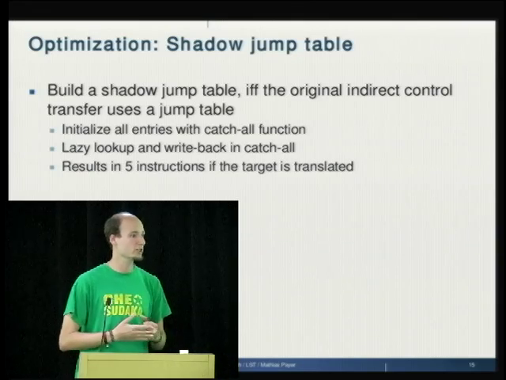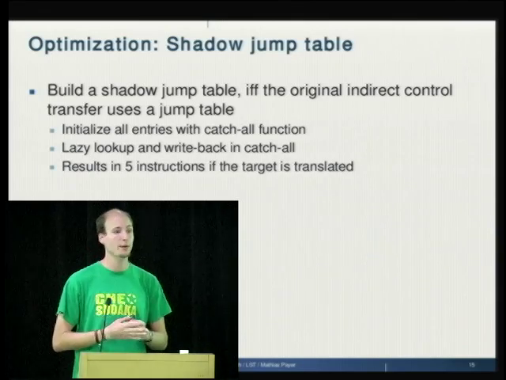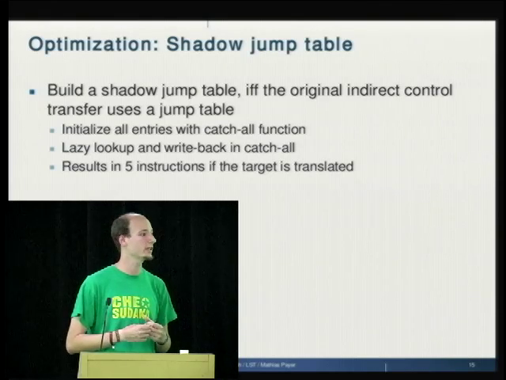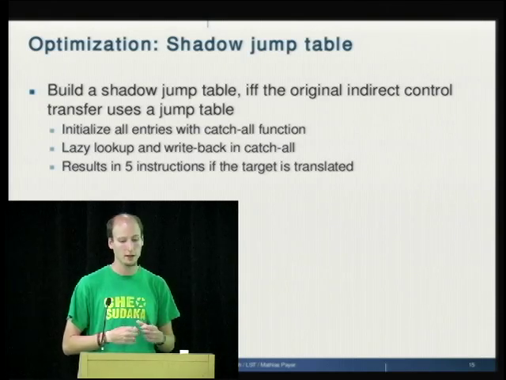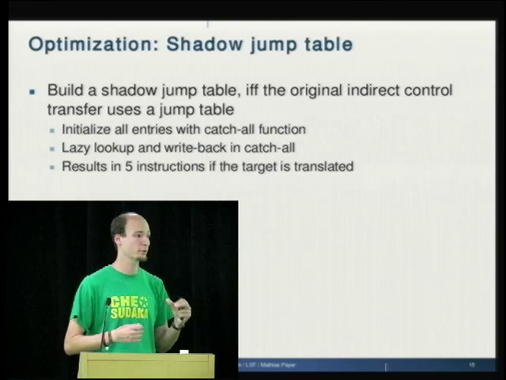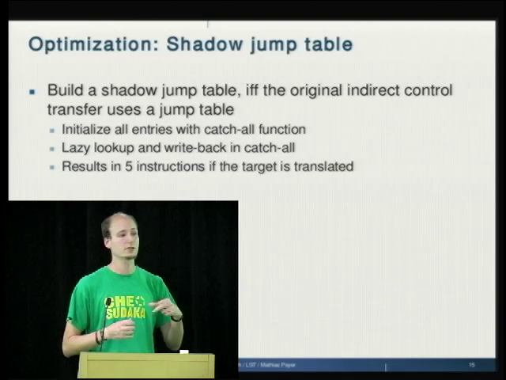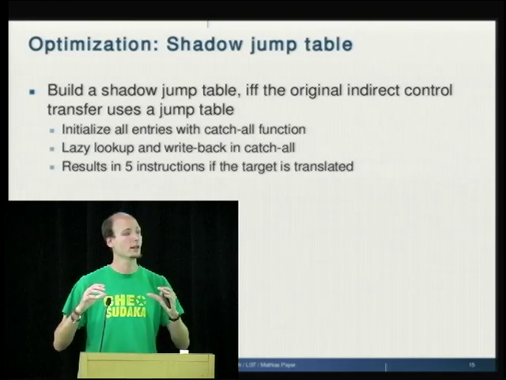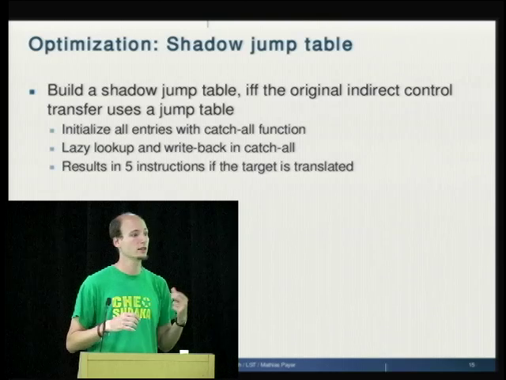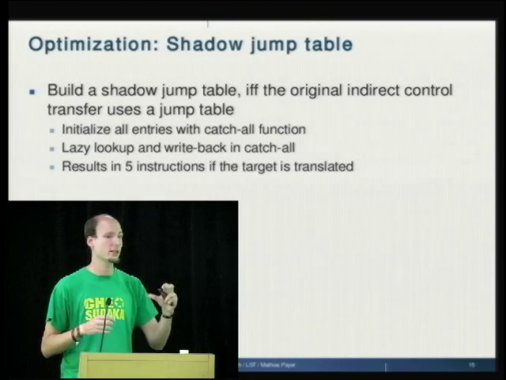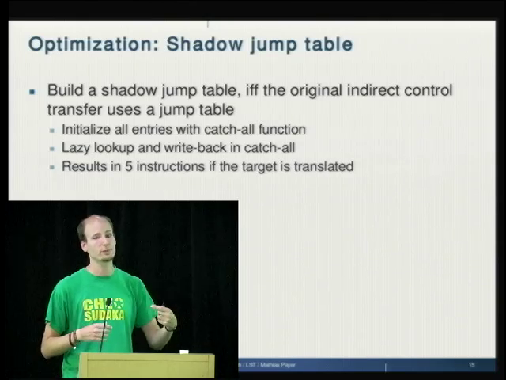The next optimization that we have is a shadow jump table. A lot of the overhead that we measured, for example, in the GCC benchmarks, comes from jump tables. GCC tends to generate a lot of jump tables, for example, for switch statements, and initializes these jump tables. The predictor will do a pretty bad job because there are a lot of targets and we have a lot of cache misses.